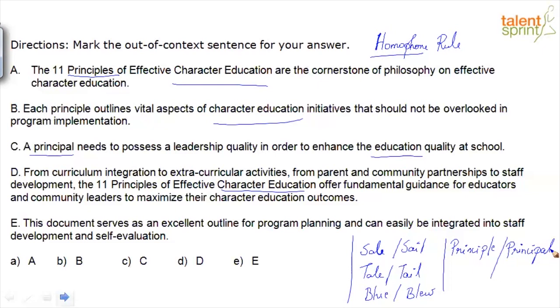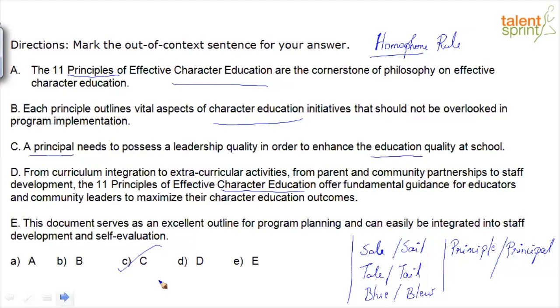All the sentences A, B, D and E are referring to some sort of theory or idea with respect to education, a standard to be followed. However, C is talking about a principal as in a headmaster and what qualities he should possess in order to promote the quality of education. So obviously our answer is option C, which is out of context, right?